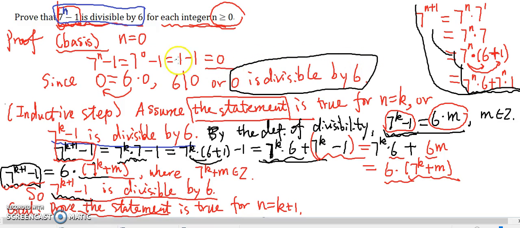But the inductive step will involve variables, so we usually have to use a lot of algebra in this part. We always assume whatever statement or property they give us is true for n equal to k. That means you replace the variable n with k, and then write down your goal, the statement for n equal to k plus 1, which means you replace n with k plus 1.